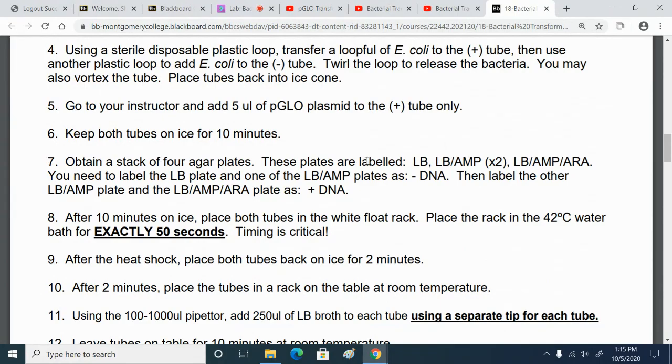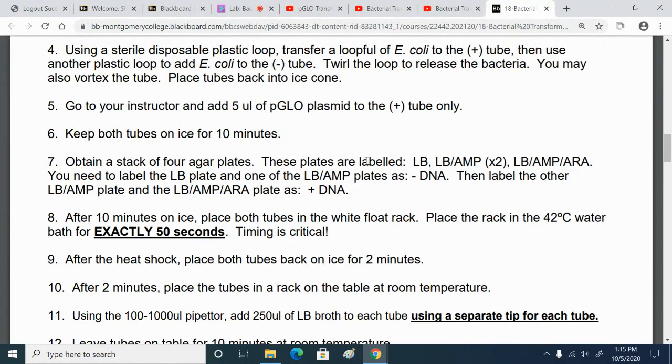And then the last plate is LB agar plus ampicillin plus arabinose. So again, you have 4 plates. One is just plain LB agar, nothing else in it. 2 of the plates are LB agar with ampicillin. And the last plate is LB agar plus ampicillin plus arabinose.